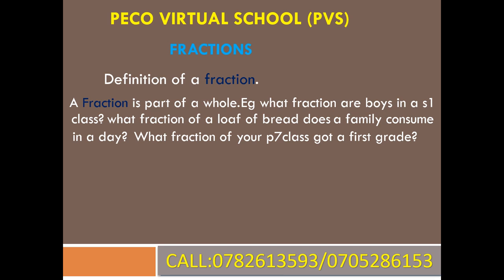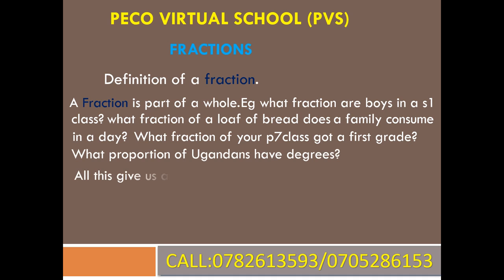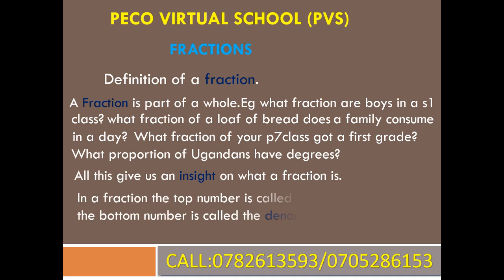More to that, you could also pose a question. What fraction of your P7 class got a first grade? What proportion of Ugandans have degrees? All these help us to understand the concept of fractions.